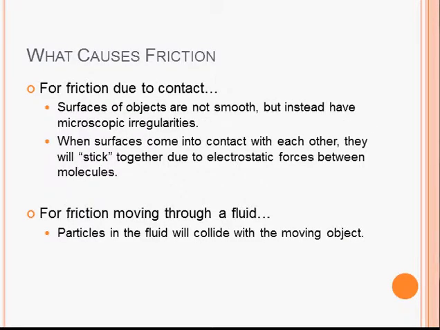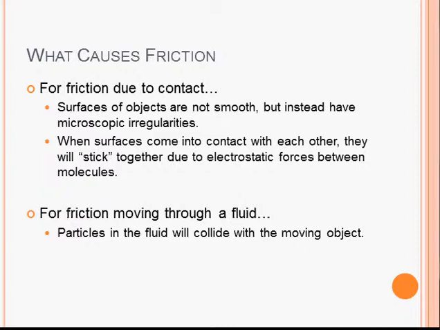Now, in terms of why we have friction, it's all based on what happens at a microscopic view. Okay, if you look at a surface at a very, very microscopic level, it's not smooth. Instead, it's rough. It has a bunch of irregularities. And what happens is when you have two surfaces come into contact, those irregularities can actually stick together. Think of it as momentary molecular bonding.